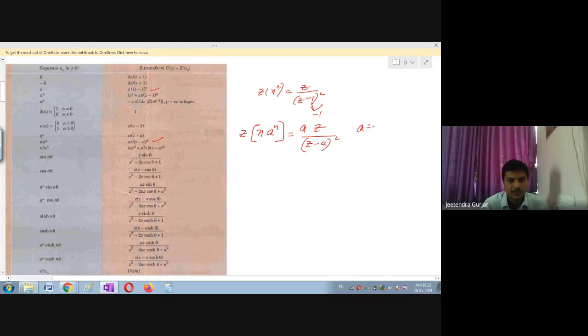I can take here a is equal to 1, a is equal to 2, or a is equal to minus 3 I will put. So you can just see this is going to become now Z transform of n minus 3 raised to n is equal to, this is minus 3z, okay, where this line came from, divided by z minus into minus will become plus 3 square. Am I right now?